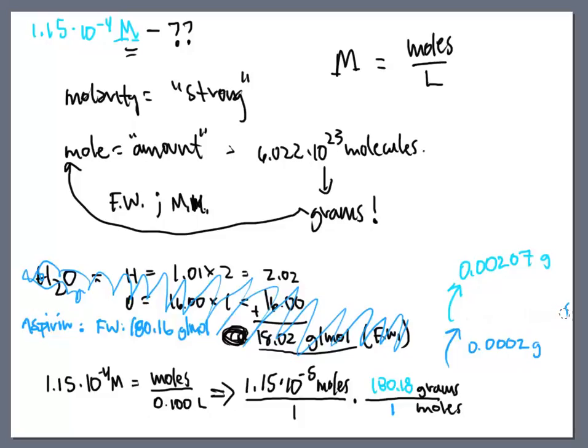So that means I would take my aspirin bottle, pure aspirin, and I would weigh out on a balance 0.00207 grams of that substance. And then I would go and get a 100 ml volumetric flask, because you said you were going to make 100 mils.